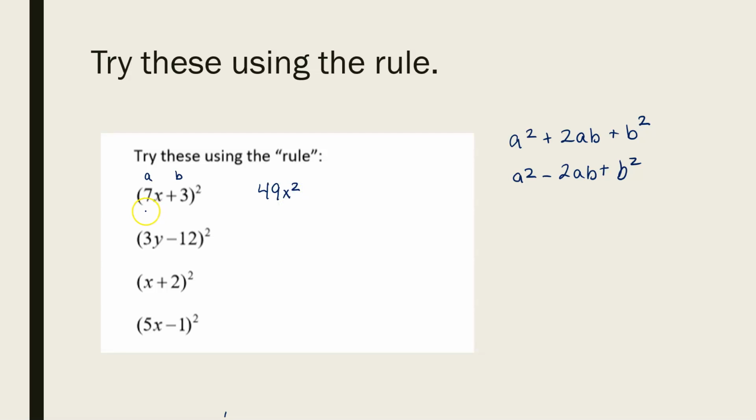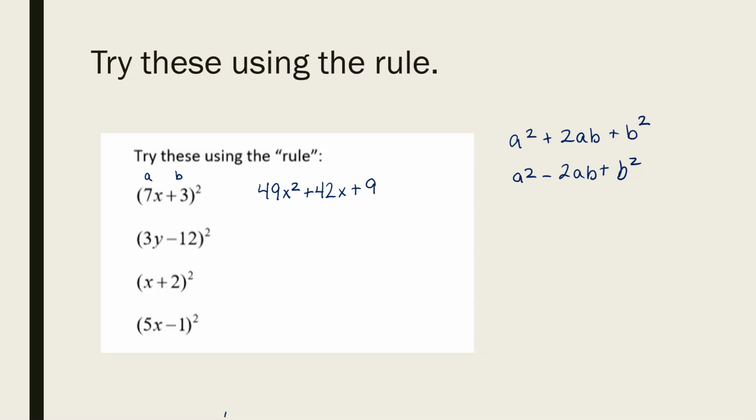Now I'm going to take 7x times 3, which is 21x, times 2, which will give you 42x, and I'm going to square the b, which is 9.